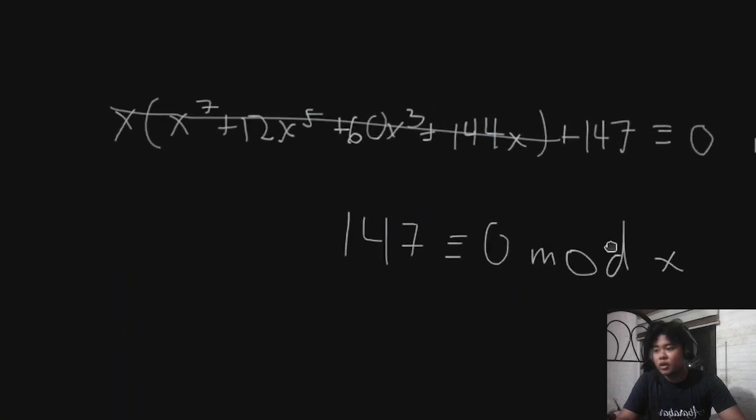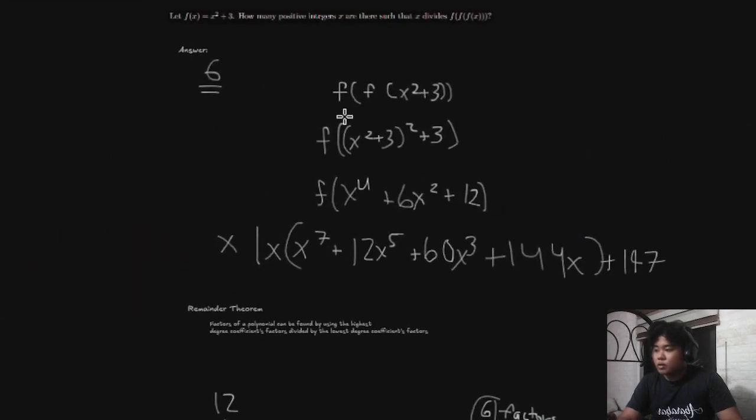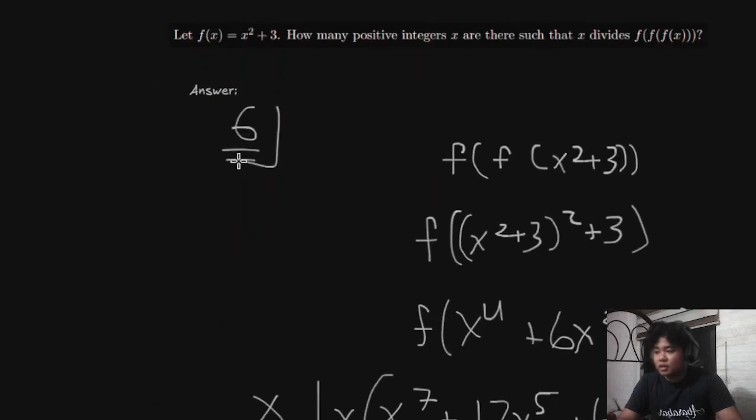Another way of thinking about it is by expressing the expression modulo x, and then we can cancel this, and it will leave 147 congruent to 0 mod x. We don't know what x is, but we know that we can divide 147 by it and it will leave a remainder of 0. So we now see that it is 6.